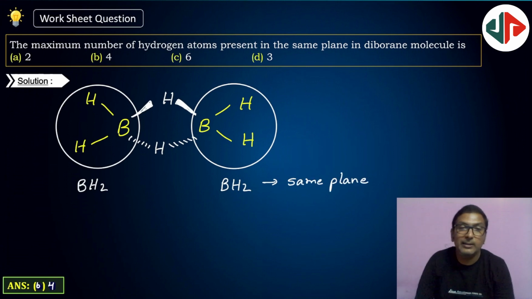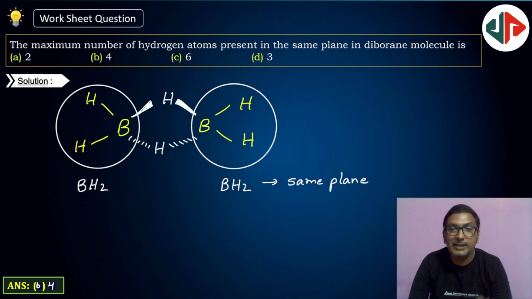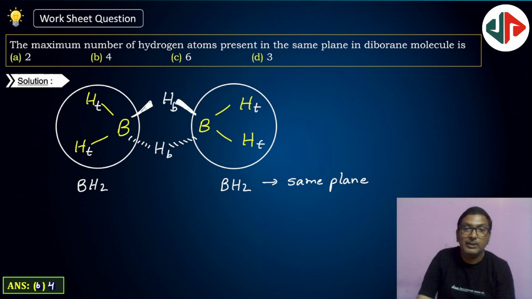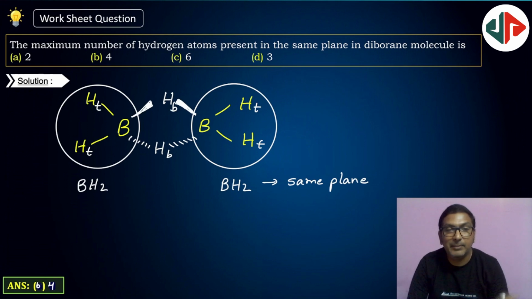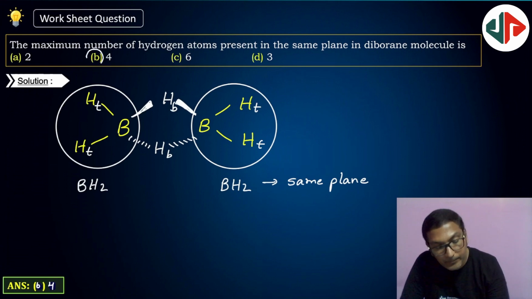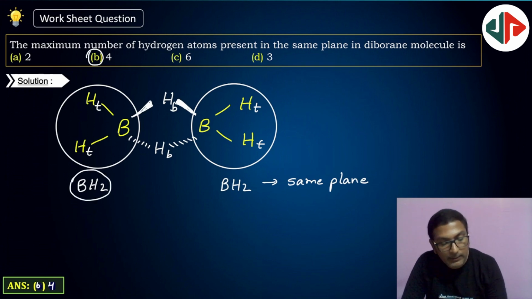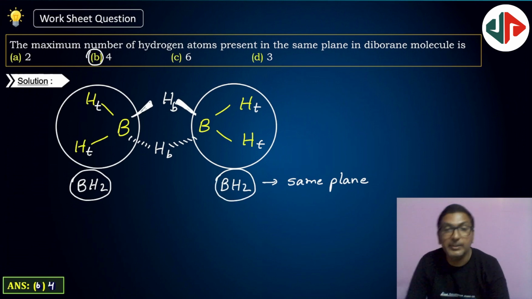That means total 6 atoms lie in same plane. But here asking about hydrogen atoms. Totally 4 hydrogen atoms, terminal hydrogens. These are terminal and these two are bridging. 4 terminal hydrogens lie in same plane. Therefore, option B. So total 4 hydrogens lie in same plane. So bridging hydrogens in different planes. Next.